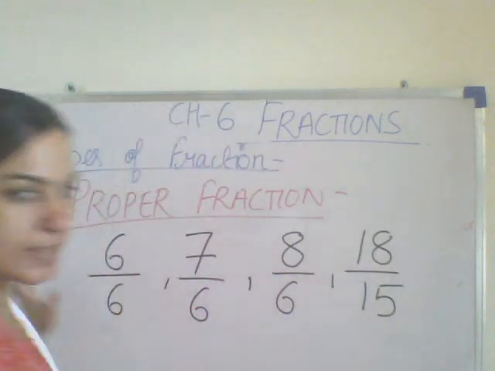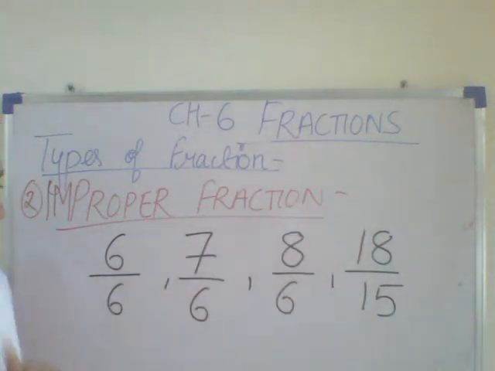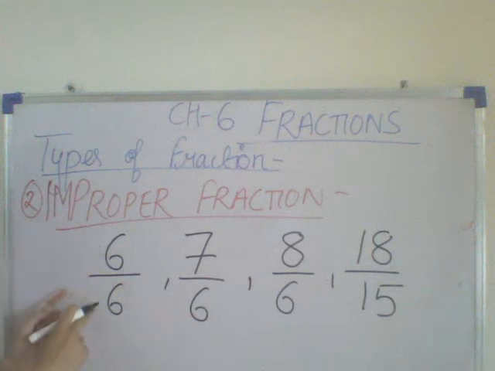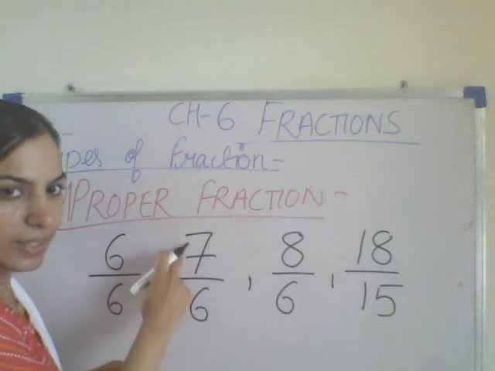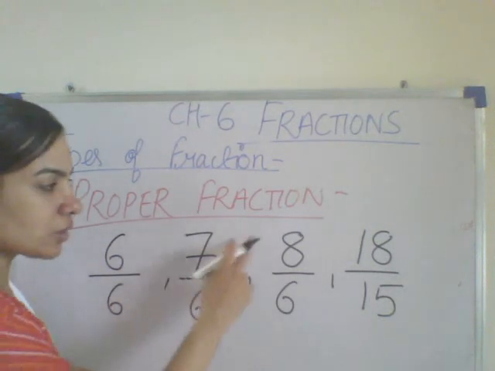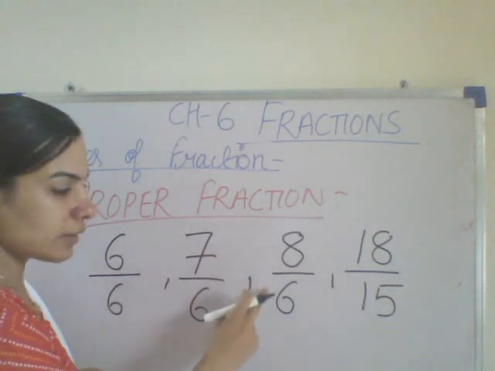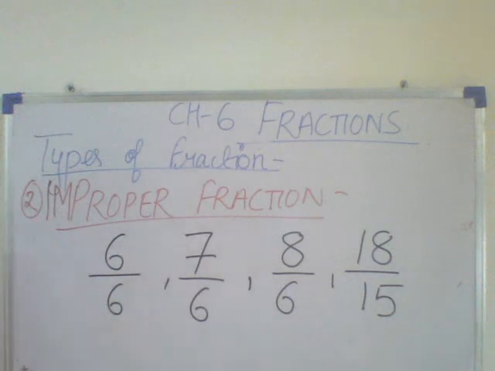These are all examples of improper fractions. In an improper fraction, either the numerator and denominator are equal or the numerator is greater than the denominator. Here also you can see that the numerator is greater than the denominator.